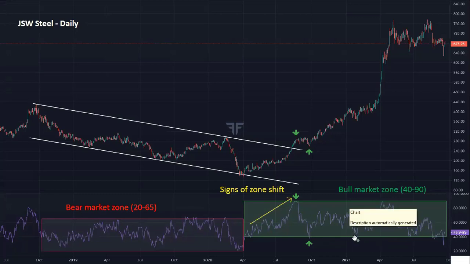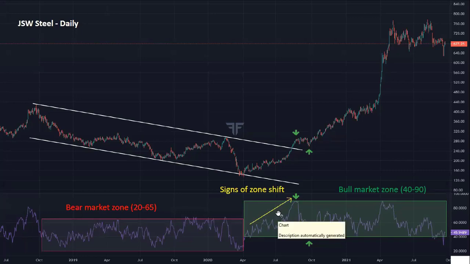So whenever the RSI is approaching 40, the price is starting to rally from there. So this zone shift, that is, the trend reversing, was signaled over here by the action in the RSI. That is how you can use RSI zone shifts in order to identify whether a trend reversal in price is happening or not.